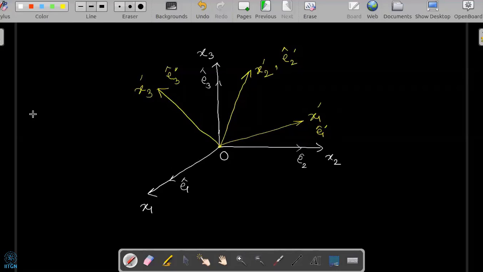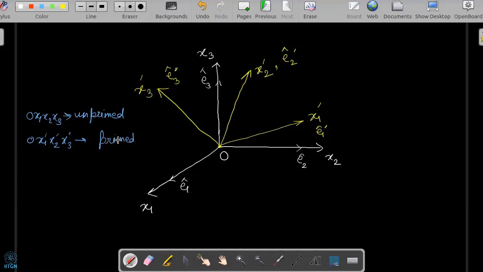Let's say one coordinate system is O, x1, x2, x3, the unprimed one, just for reference, and O, x1 dash, x2 dash, x3 dash is the primed coordinate system, because we have used the dash term.